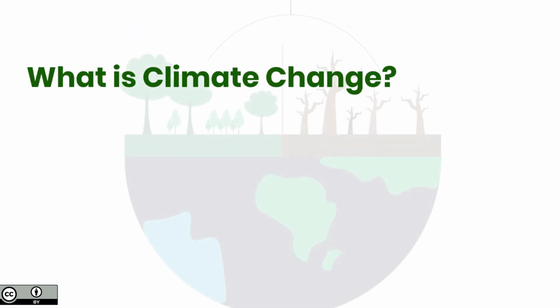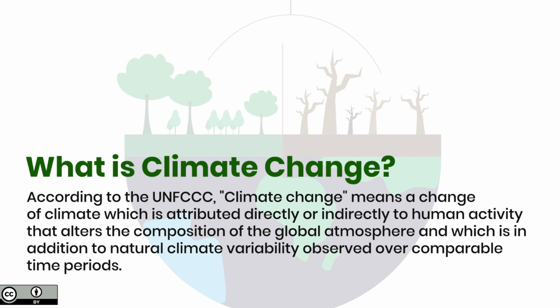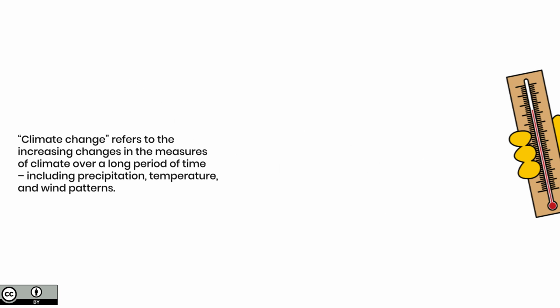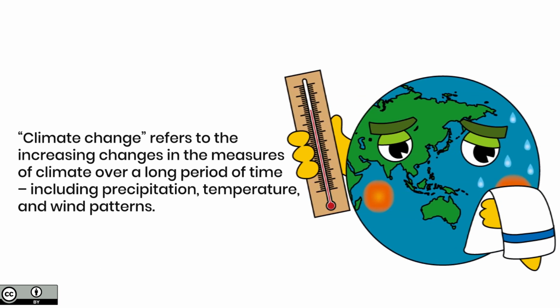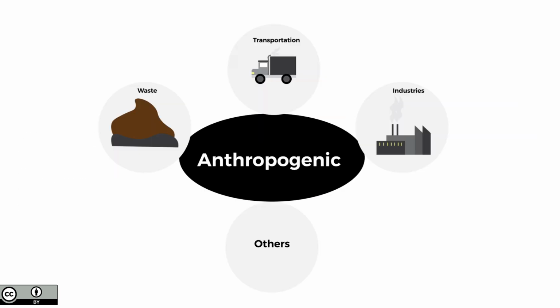What is climate change? According to the UNFCCC, climate change means a change of climate which is attributed directly or indirectly to human activity that alters the composition of the global atmosphere, and which is in addition to natural climate variability observed over comparable time periods. Climate change refers to the increasing changes in the measures of climate over a long period of time, including precipitation, temperature, and wind patterns.